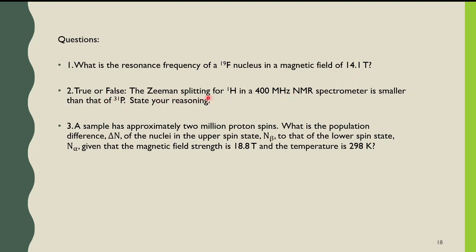And true or false, the Zeeman splitting for a proton in a 400 megahertz spectrometer is smaller than that of phosphorus-31, and state your reason. When a sample has approximately 2 million proton spins, what is the population difference, delta N, of the nuclei in the upper spin state to that of the lower spin state, given this magnetic field and temperature?